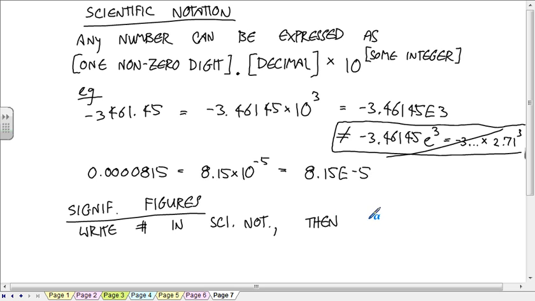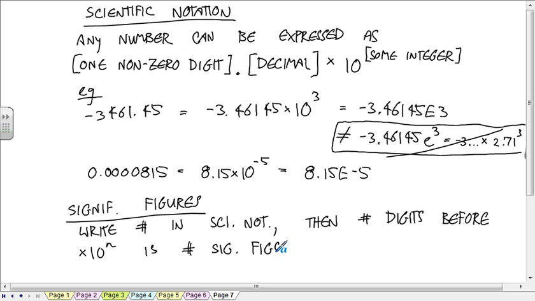Then the number of digits before the times 10 to the n is the number of significant figures. So instead of remembering like 5 rules or whatever, it just sort of automatically happens for you.